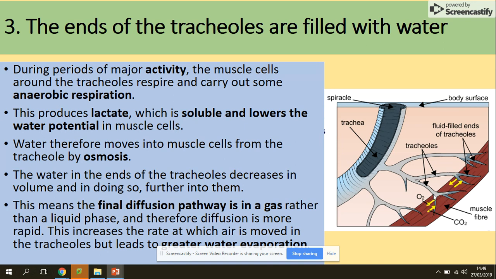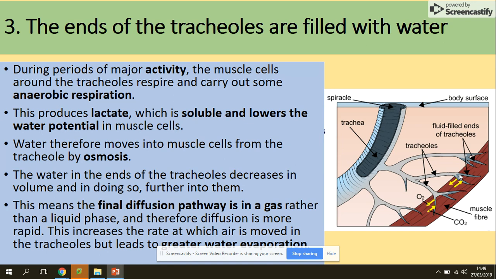Water here is really important. Every time we see water, you're thinking osmosis, okay? You're thinking water potential. So what happens if this insect is at a really high level of activity? It's really likely that there will be some anaerobic respiration taking place. So you know the product of anaerobic respiration will be lactic acid.